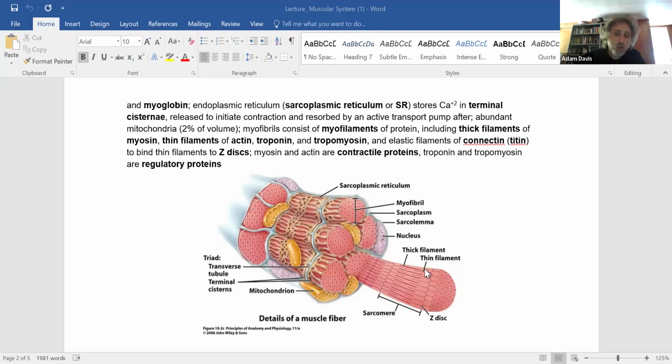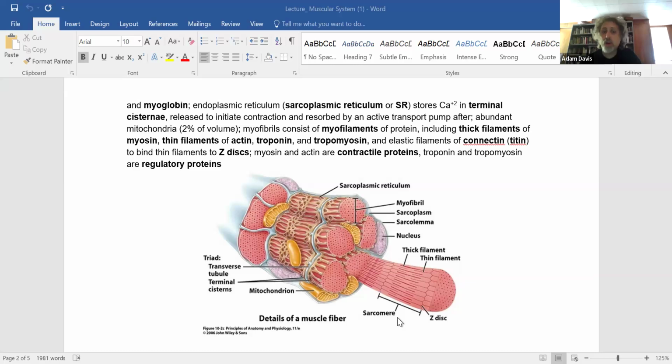They're arranged in these alternating bands, and they're anchored to these zigzaggy lines you see here called Z-discs. The space between two Z-discs, one unit of motion proteins found between two Z-discs, is called a sarcomere.